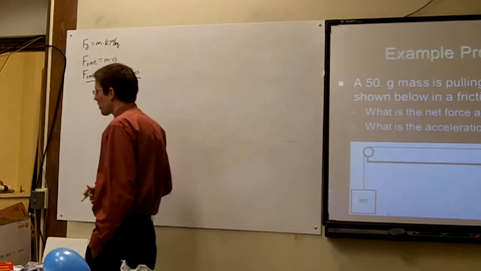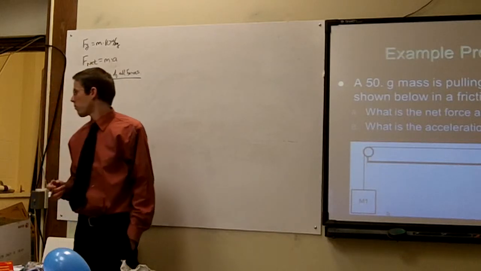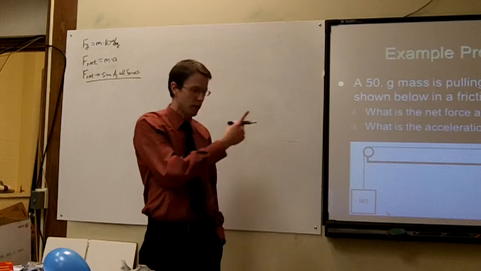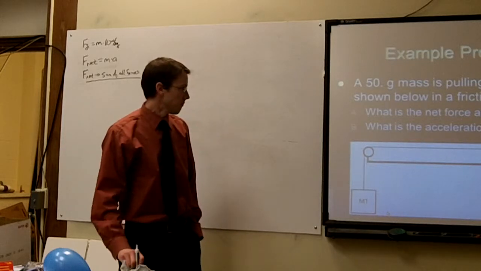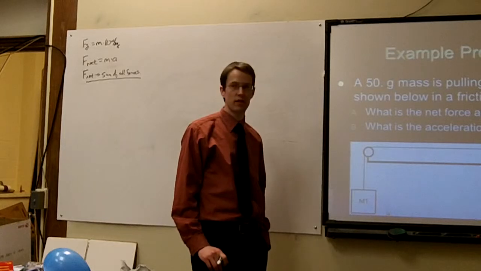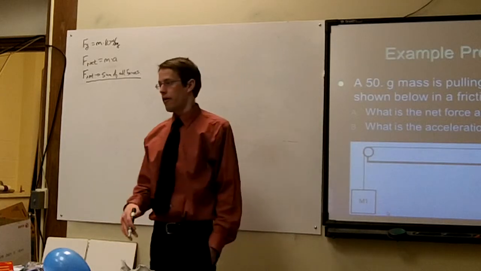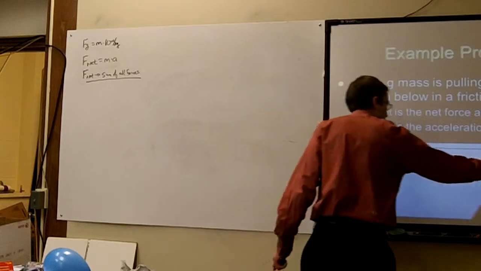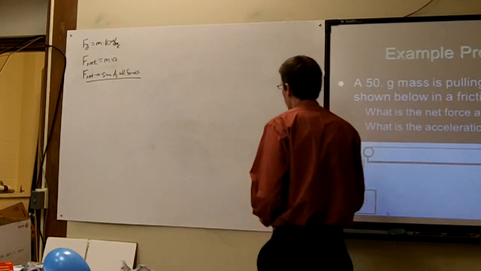Okay. So we got a 50-gram mass pulling a 500-gram cart as shown in a frictionless system, just like we did in our lab. What's the net force acting on the system, and what is the acceleration of the system? Now, let's go ahead and draw our simplified system as if this is one full system together. Let's go ahead and draw our force diagram.